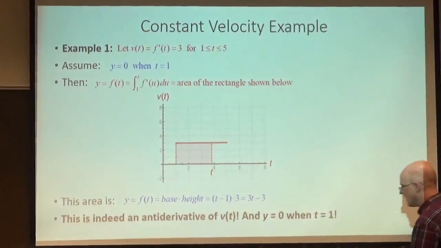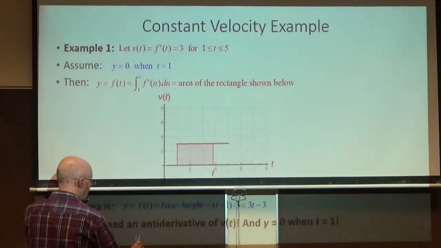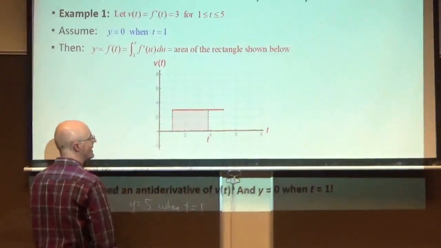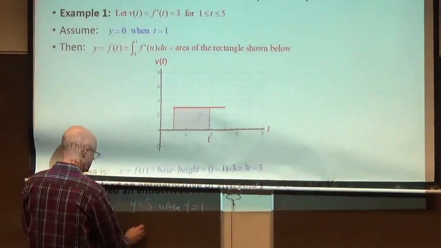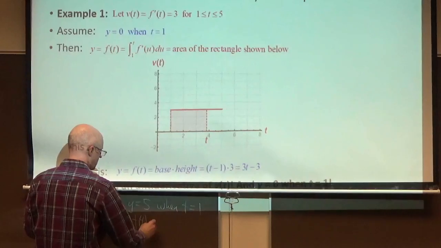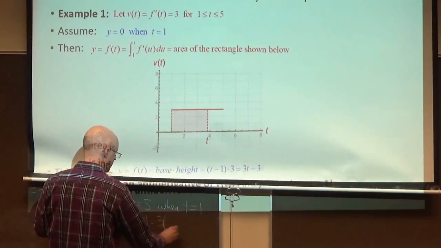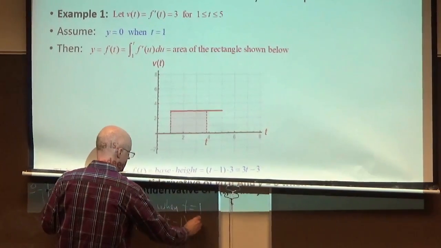Like if y were 5 when t equals 1, what would the function be? The f of t would be 3t, here's probably the quickest way to figure it out, 3t minus 1 in parentheses plus 5.